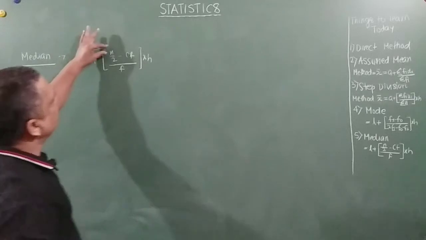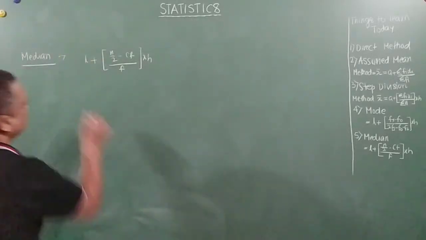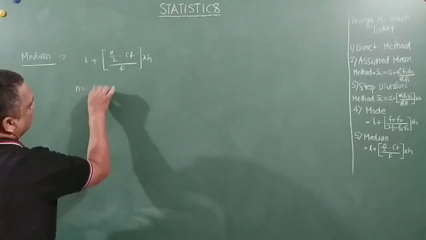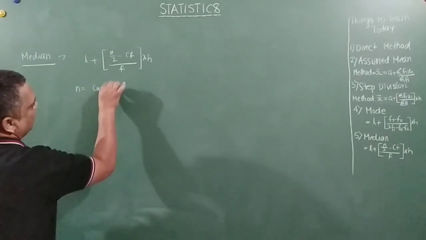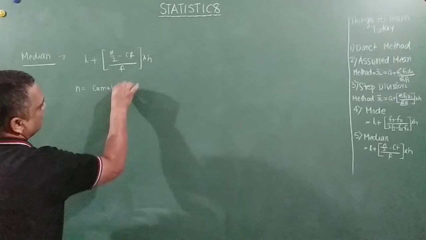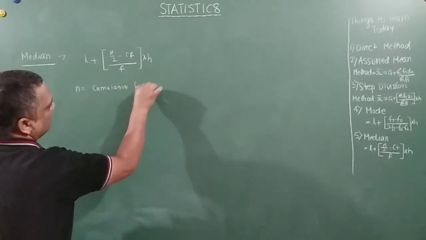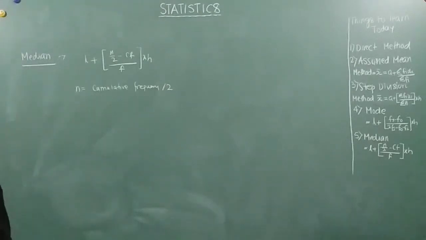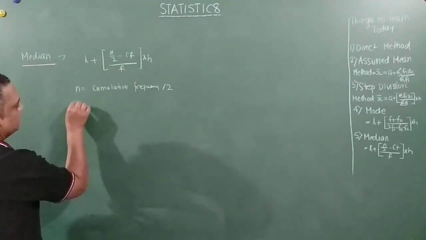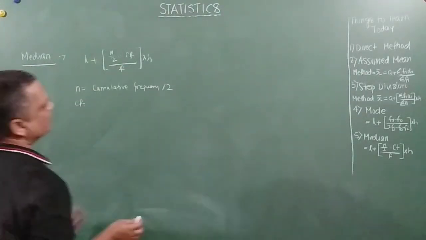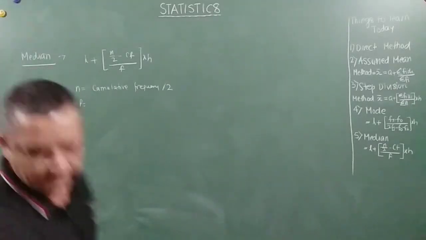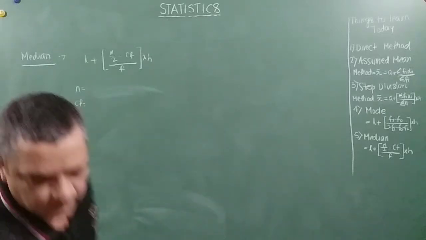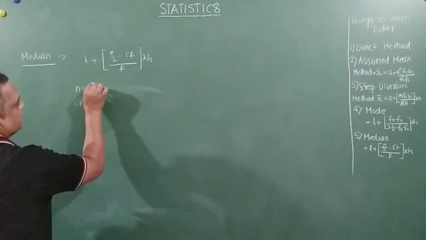Now, what is n here? n divided by 2, right? N is nothing but the total number of observations, you can write. That would be still more logical. Total number of observations.